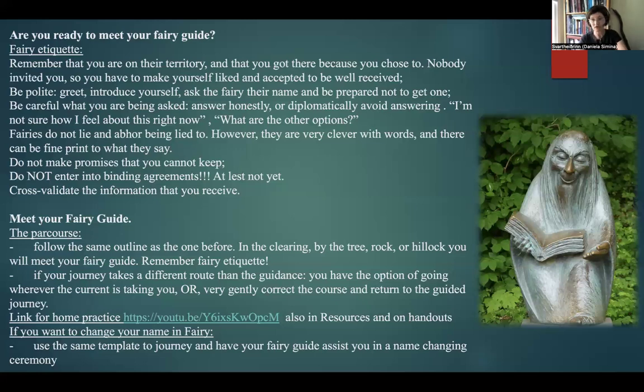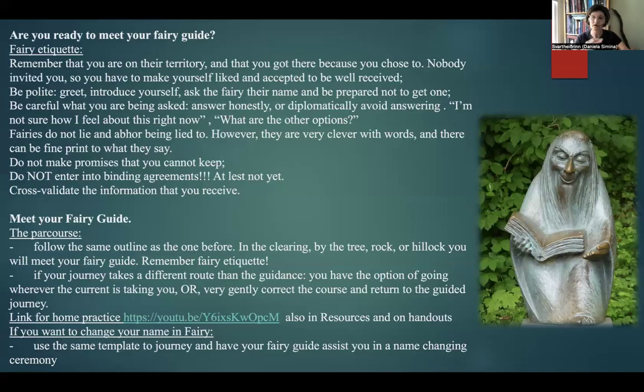Or you may just go there and ask your fairy guide, is there a specific name you want to call me, or I should carry here in fairy, or outside of fairy, just in real life? What's my true name?